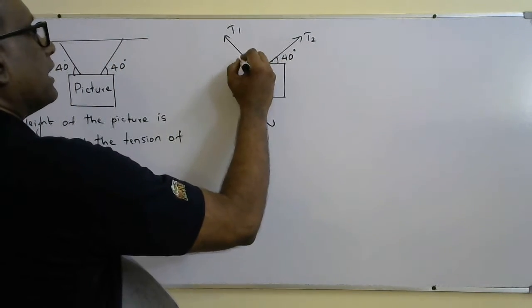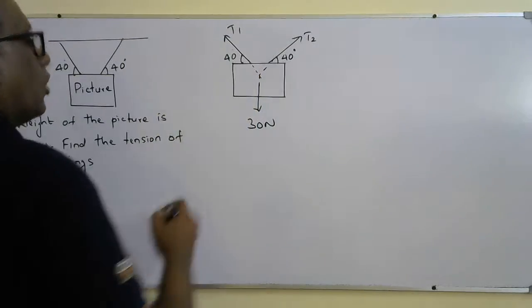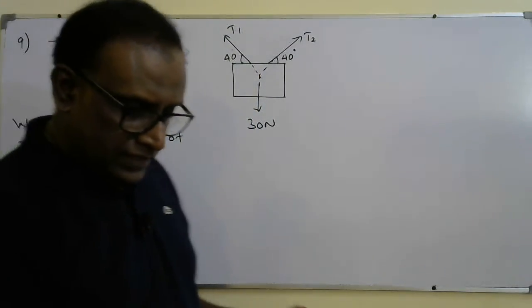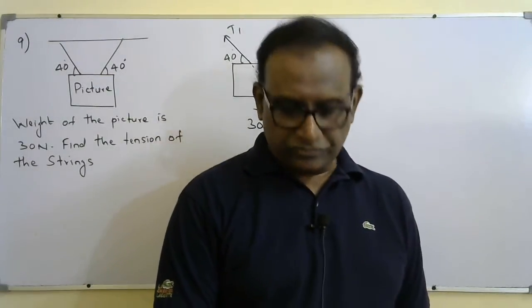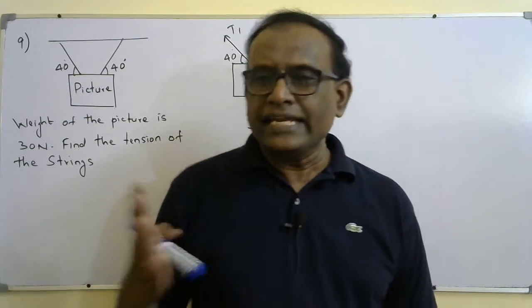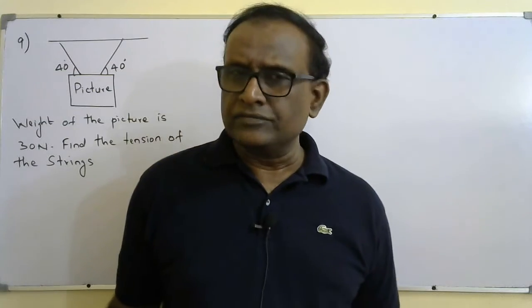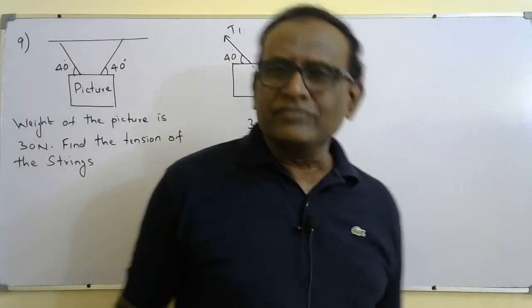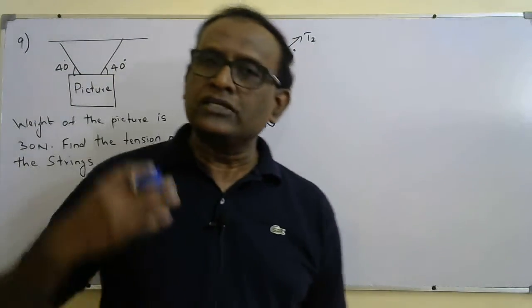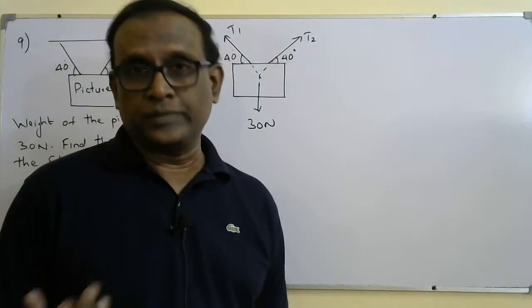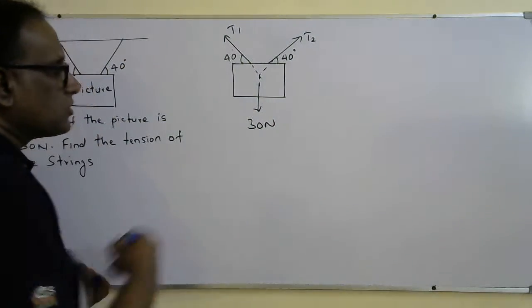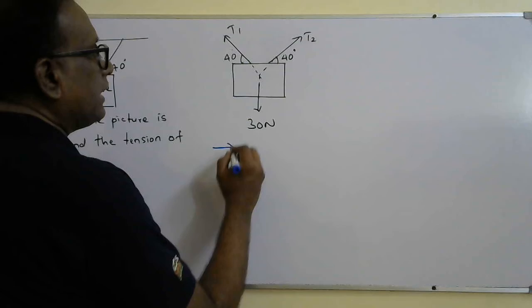This also 40 degree. Okay, so I told that when the system is at rest under 3 non-parallel forces, when we resolve in any direction, the resultant force must be 0. Normally we resolve horizontally and vertically because those are the convenient directions, but in any direction it should be 0. So I'll resolve horizontally.